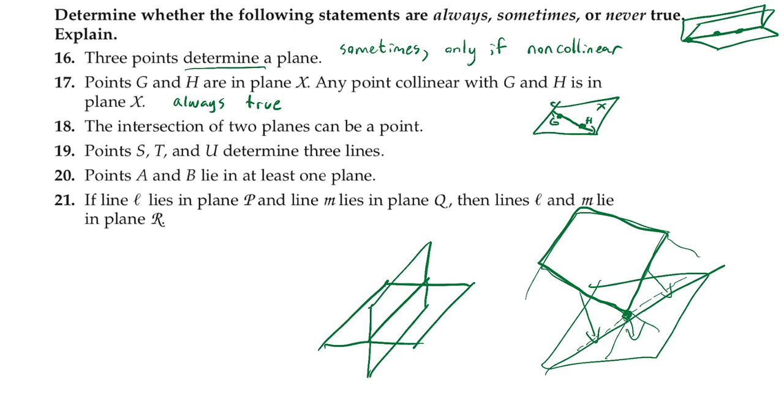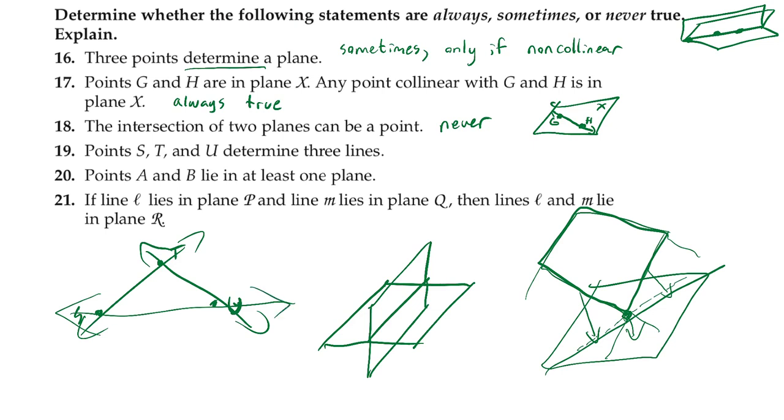So it's parallel, nothing; they touch, and that's at a single line where the 2 meet; or they are the same plane, so everywhere on the plane is intersection. So this is never. Okay, points S, T, and U determine 3 lines. Whoa, that's a good one. S, T, U. That's 3 lines. Yes, for sure that's true.